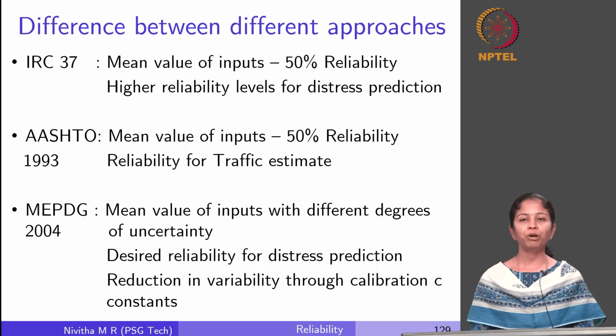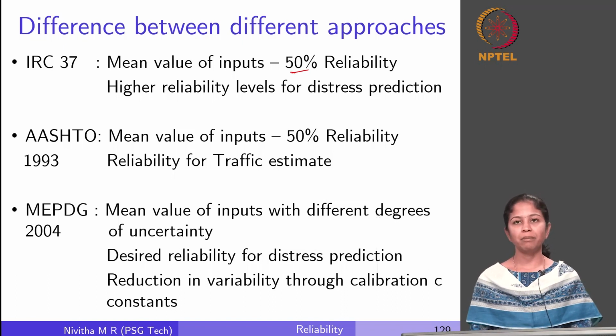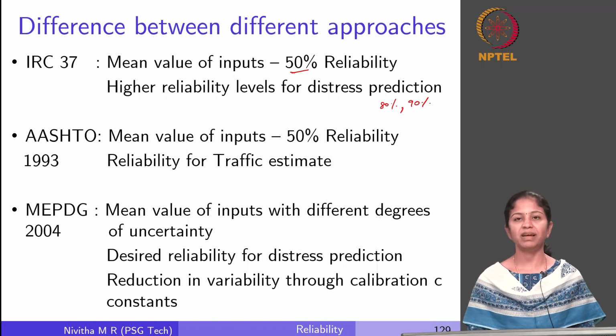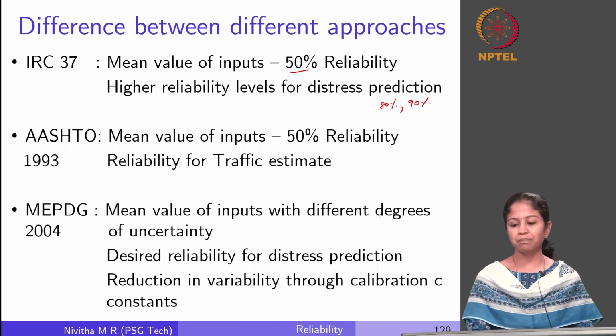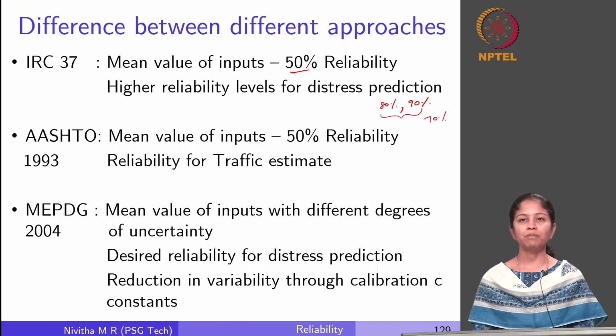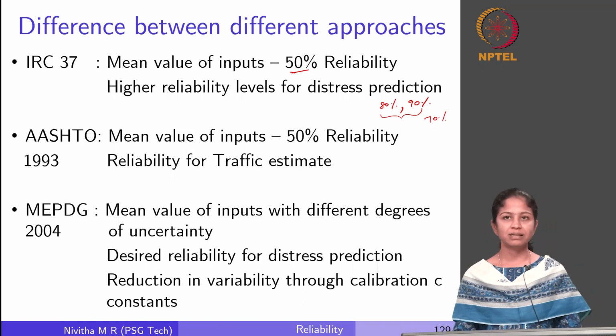So as far as the input parameters are concerned, we are associating a 50% reliability to them, but we have different reliability levels for distress prediction. We have 80% and we have 90%. We have individual equations for 80% reliability and 90% reliability, but we will be able to predict only for these two levels of reliability. If I want a different reliability of 70%, then it may not be possible, right. So this is with respect to the IRC approach.